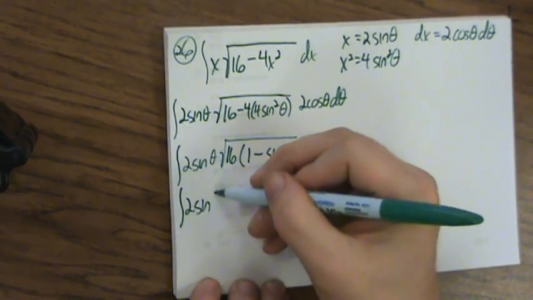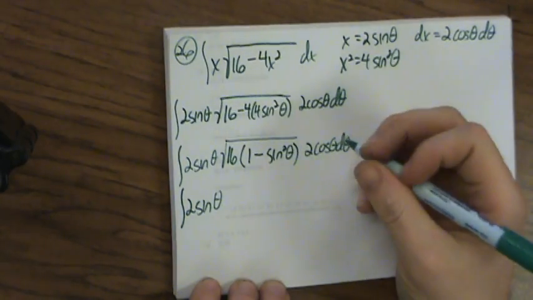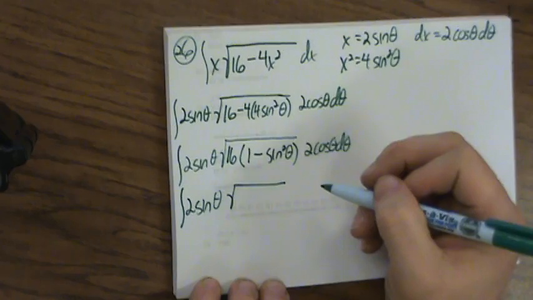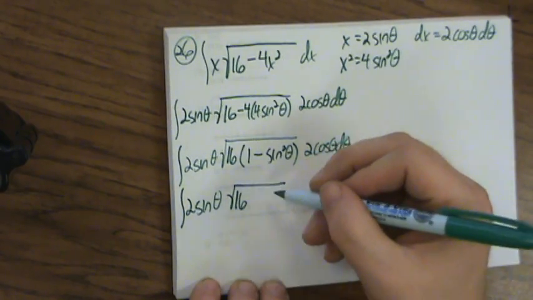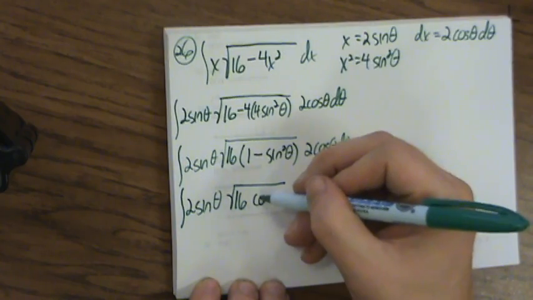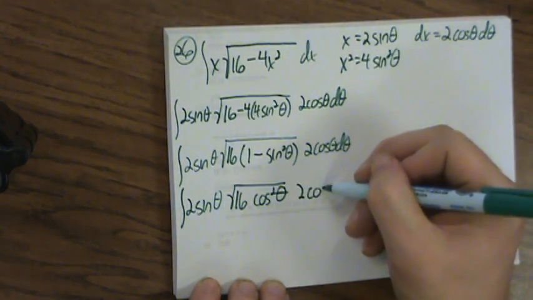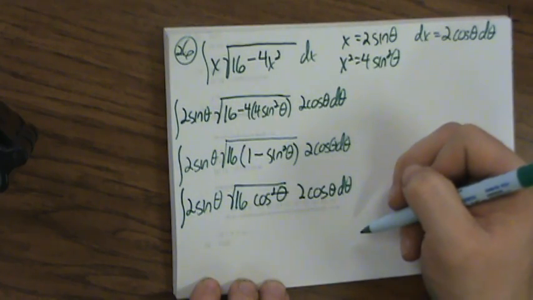2 sine theta times the square root of 16 times, well, this is going to be changed to cosine squared theta, times 2 cosine theta d theta.